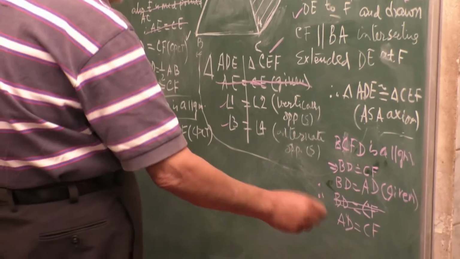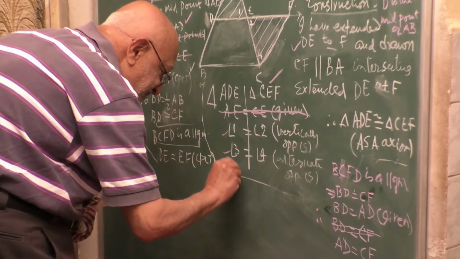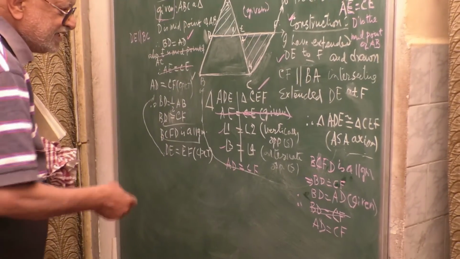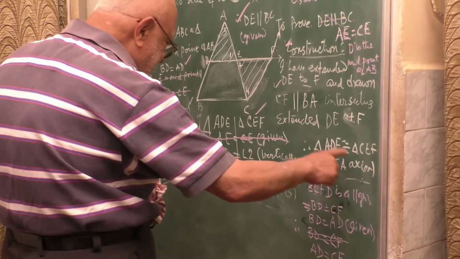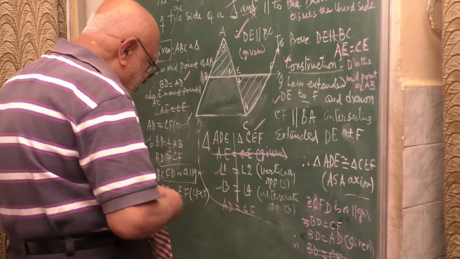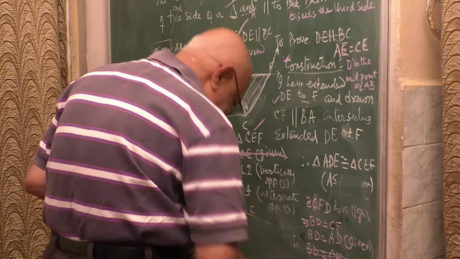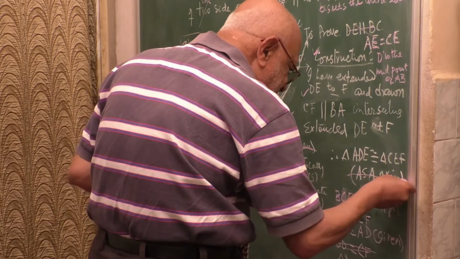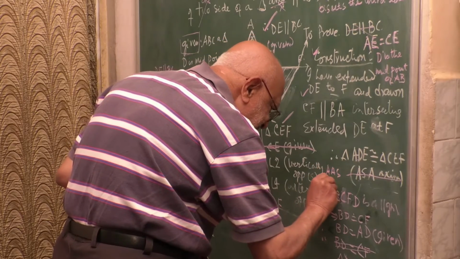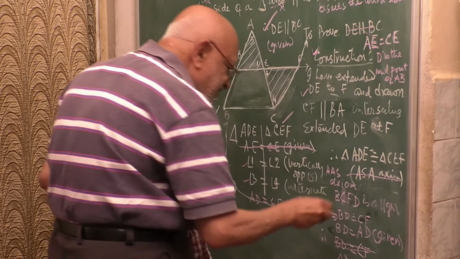So here I'll write AD equal to CF. So this is a congruency. And in this case, what would be the congruency? It will be the congruency of AAS axiom.